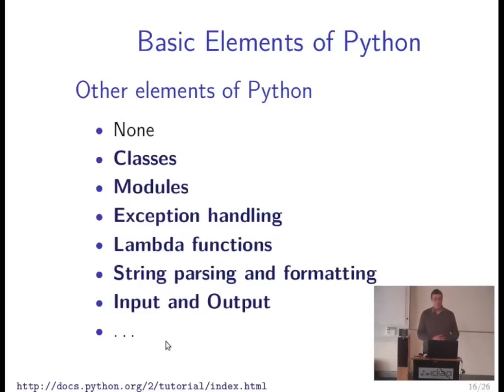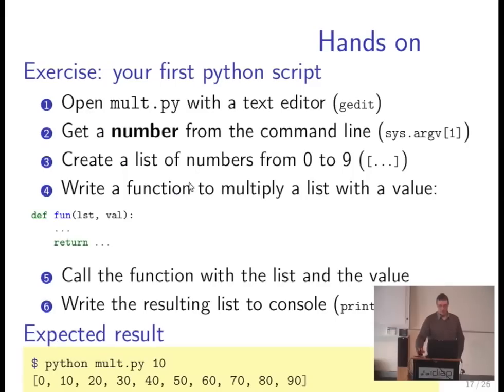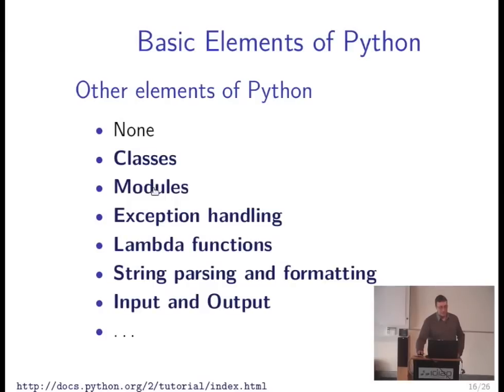There are many more elements in the Python language that, because of the short time today, I will not be able to talk about. For example the None value, which is just a value that you can use everywhere where you do not know anything about it. You can have classes, you can have modules.